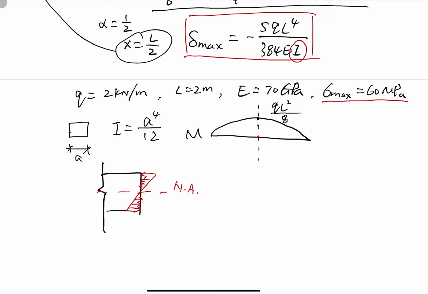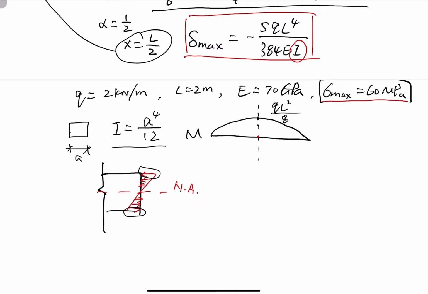On this mid-span cross section, the maximum stress is on the outer surface, either over here or over here. This is the maximum stress. If we can calculate it and make sure it is not larger than this value, then we can find a relationship between the maximum stress and the moment of inertia.